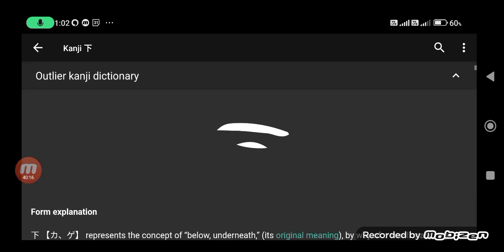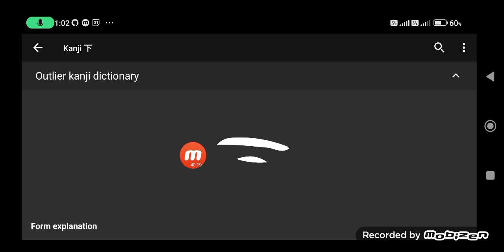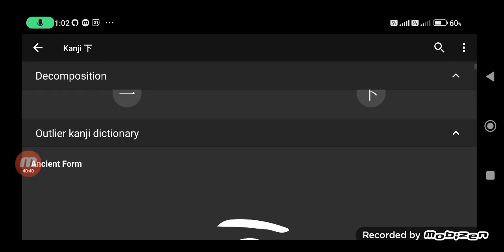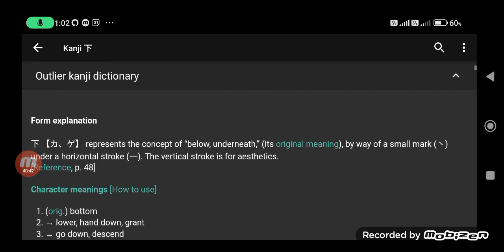The ancient form is like this. The horizontal line is just like the ue kanji, ue or jo. The reference point is the horizontal line, and the mark is below, at the bottom part of it. It's below the reference point. That hints to the meaning below.